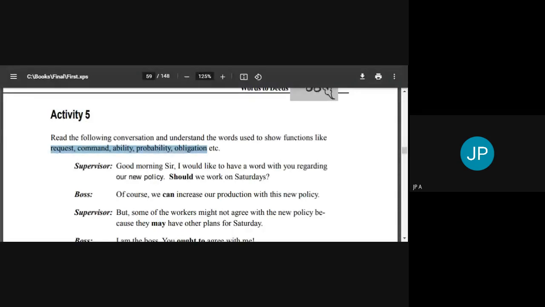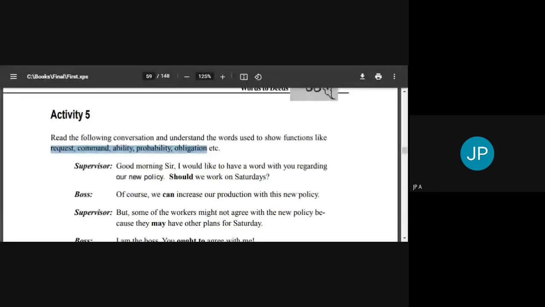Then the boss says, of course, we can increase our production with this new policy. So here can has said, what is the function of can? We can increase. It is like I can swim. What does can indicate in I can swim?